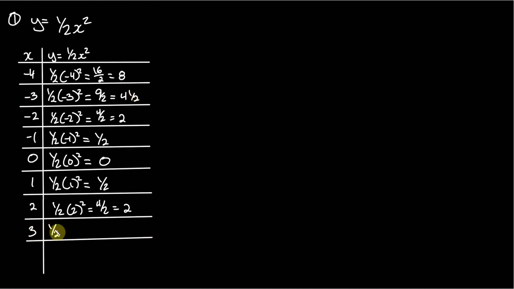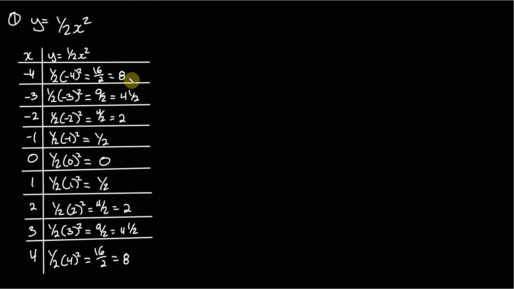Well, we'll see, because when x equals 3, y equals 1/2 times 3 squared. 3 times 3 is 9, times 1/2, that's 9 over 2, which indeed equals 4 and 1/2. And now finally, we have x equals 4. So that's 1/2 times 4 squared, which is 16, times 1/2, 16 over 2, which is going to equal 8.